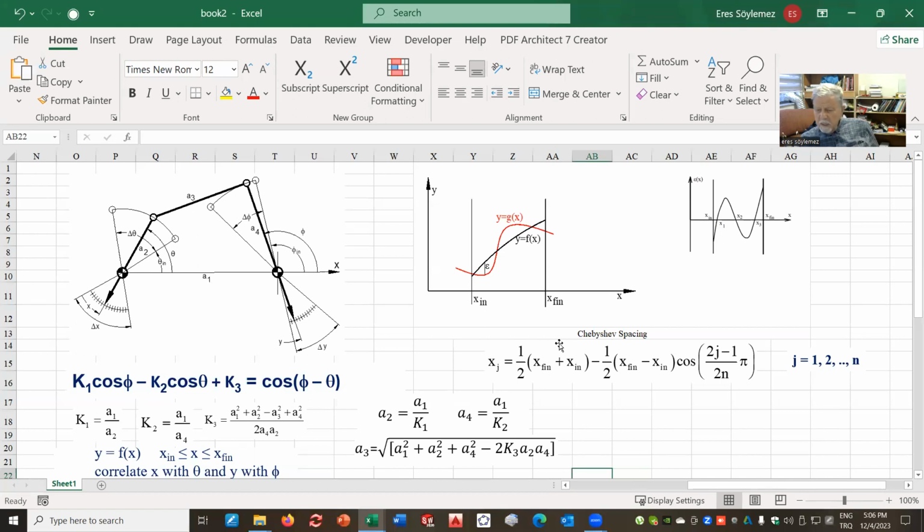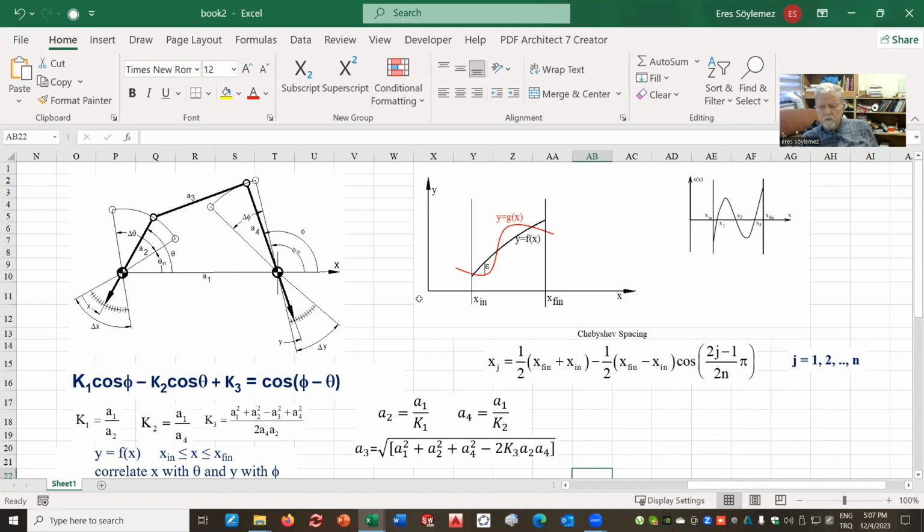Now, if you don't know where to select your precision points, it is advisable to use Chebyshev spacing and determine xj using this equation, because from practice we know it is better than selecting equally spaced data or any other form.